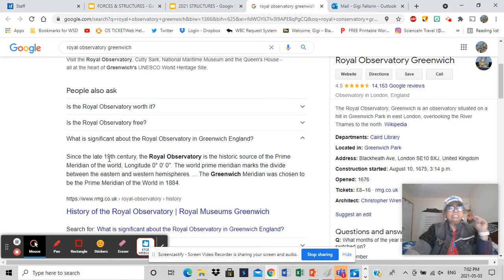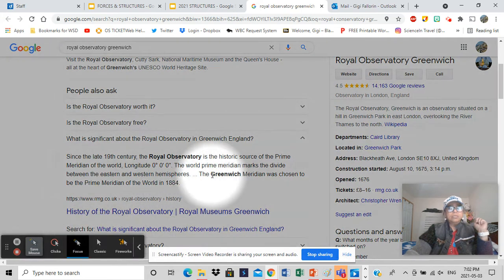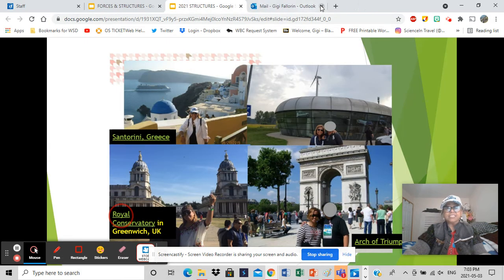Since the late 19th century, it is the historic source of the prime meridian of the world. In your social studies class, you've talked about latitude and longitude, right? Longitude 0 degrees, 0 minutes, 0 seconds would be at this spot. The world prime meridian marks the divide between the eastern and western hemispheres. So it's also a wonderful place to visit.